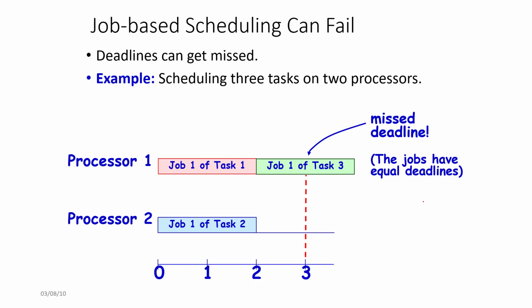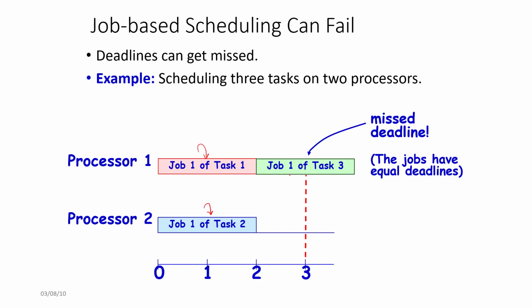So let's look at an example where we try to schedule 3 tasks on 2 processors: task 1, task 2, and task 3. If the jobs have equal deadlines, job 1 of task 1 is executing like this, job 2 is like this.